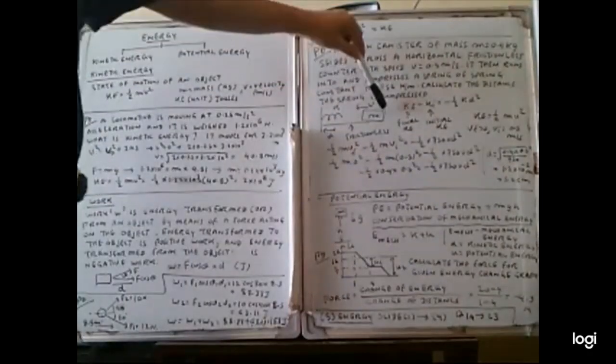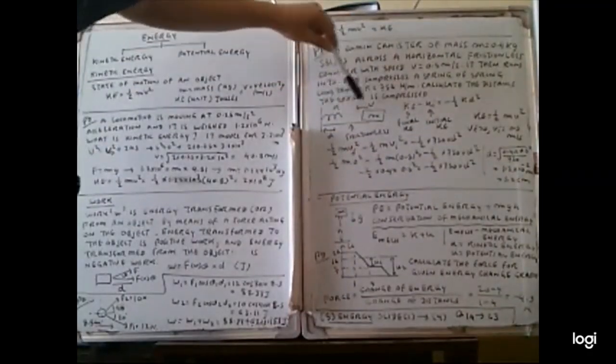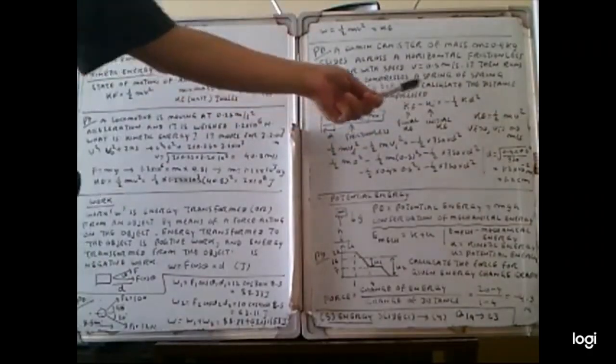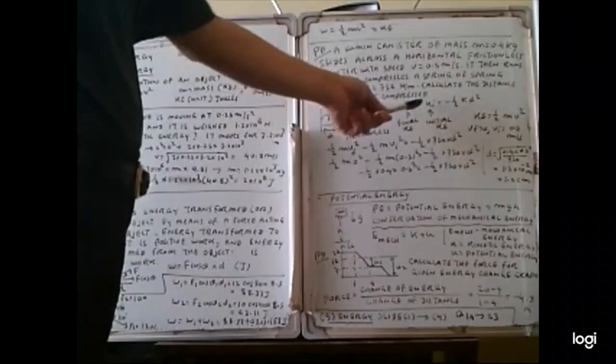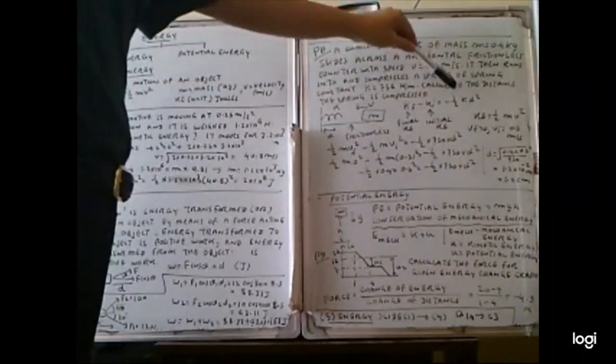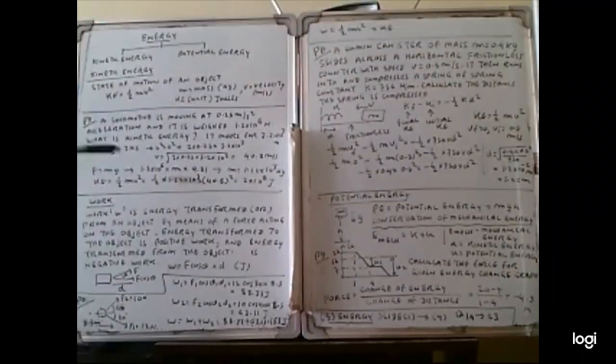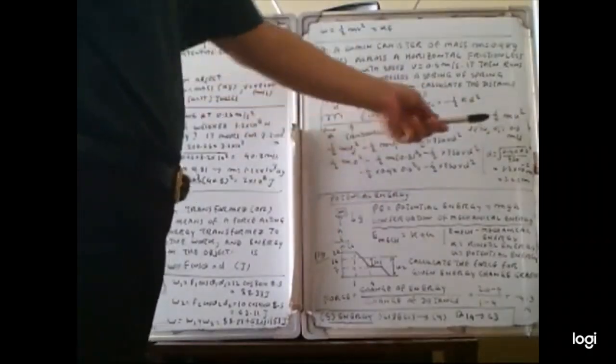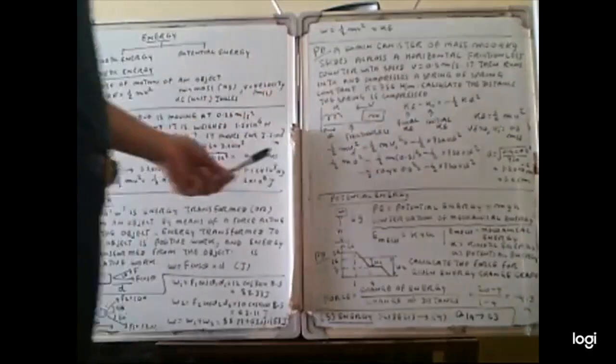So the block and the spring are moving together. In this case, the final kinetic energy minus the initial kinetic energy, Kf minus Ki, can be calculated as minus half k d squared. So kinetic energy K is equal to half mv squared. In this case, we write down the equation here.